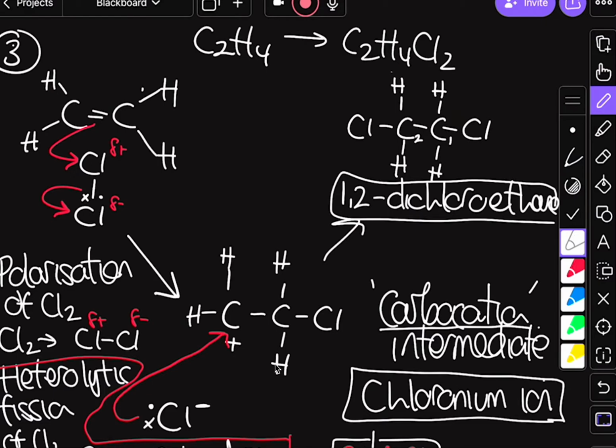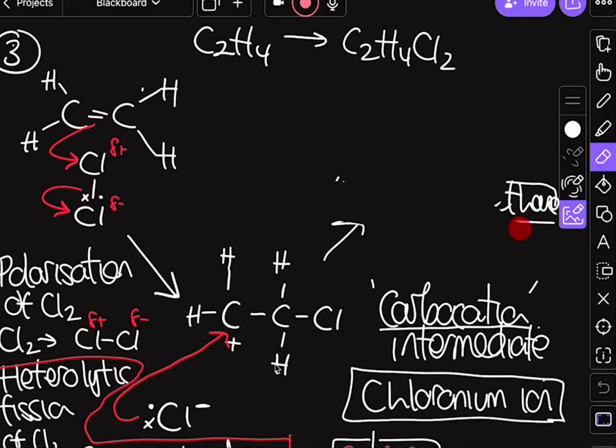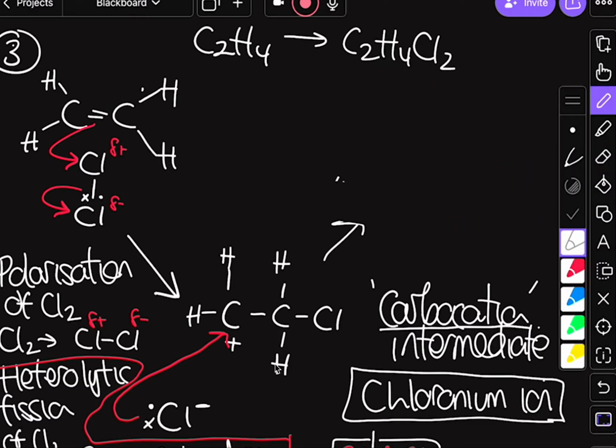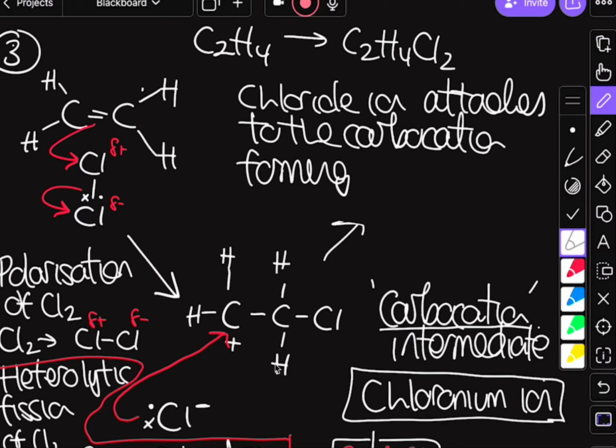In terms of our other two pieces of evidence, if we're going to be very economical and succinct about what we've made, we can say that the chloride ion attaches to the carbocation, forming 1,2 dibromo, oh, apologies, dichloroethane.